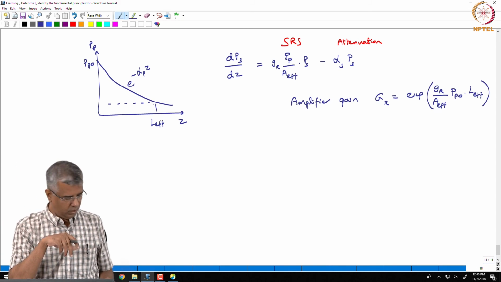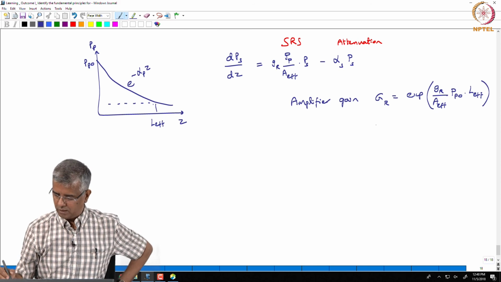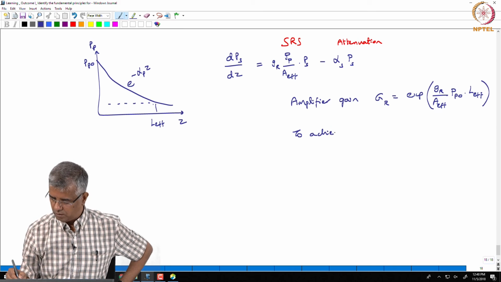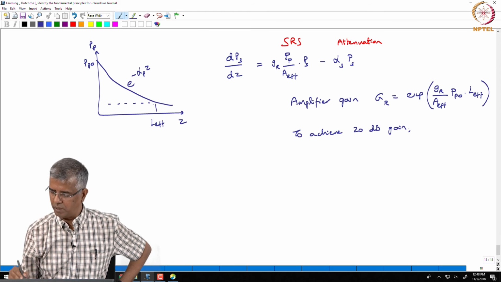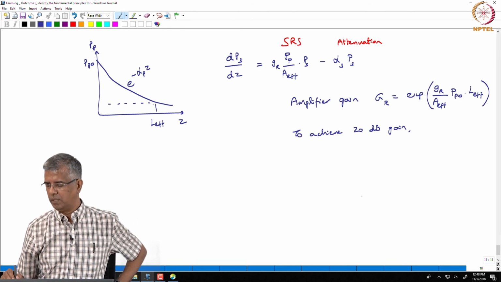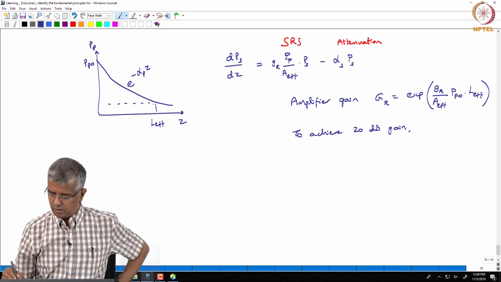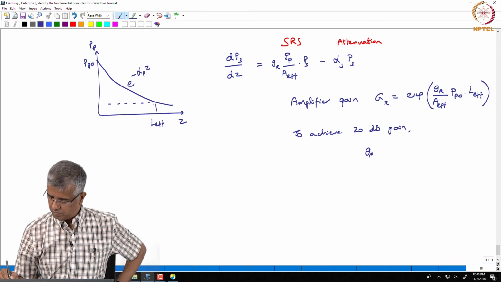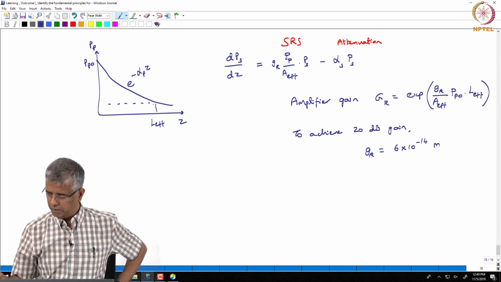Okay. So, if you do some quick math to achieve 20 dB gain, which is a typical requirement, g_R P_P0 L_effective over A_effective needs to be 20 dB. We have g_R in fused silica as 6 times 10 to the power minus 14 meter per watt.